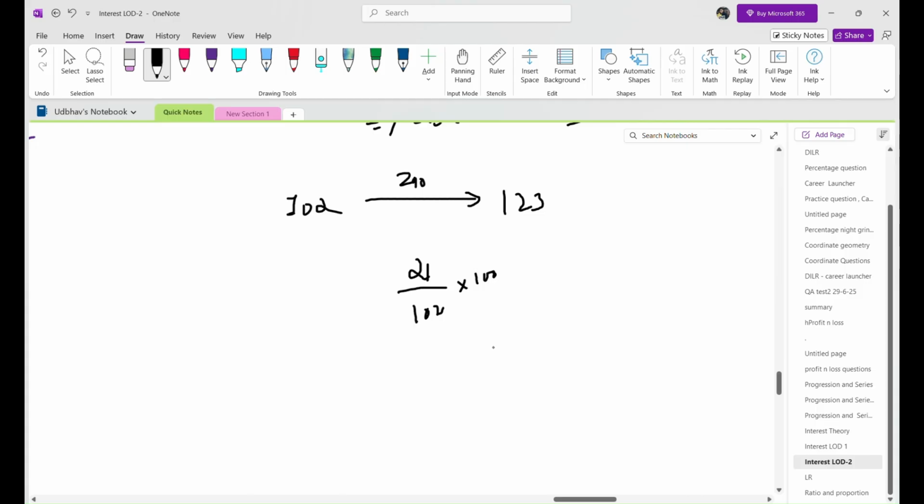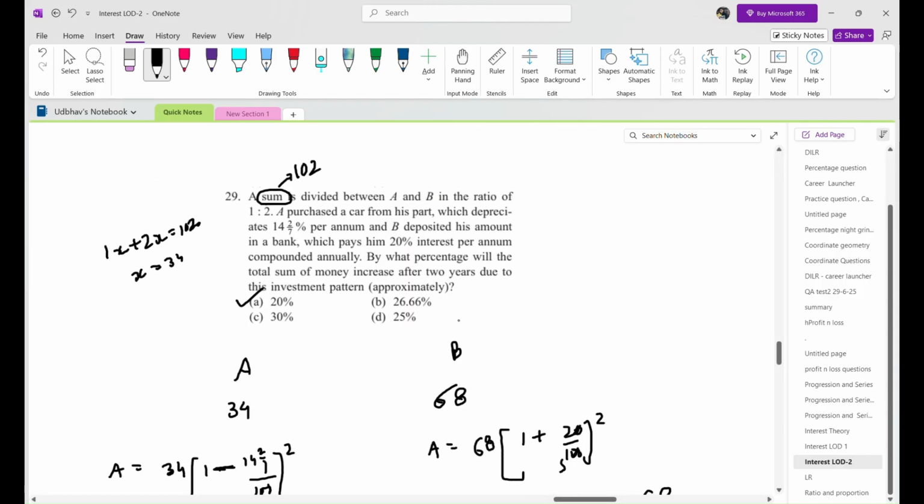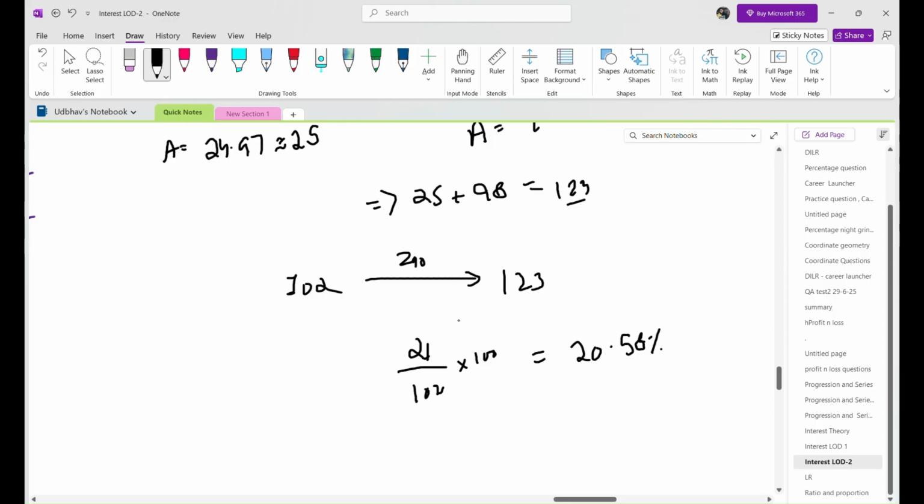So 21 upon 102 comes out to be 20.58%. So 20%. 123 minus 102. Let me check the answer.